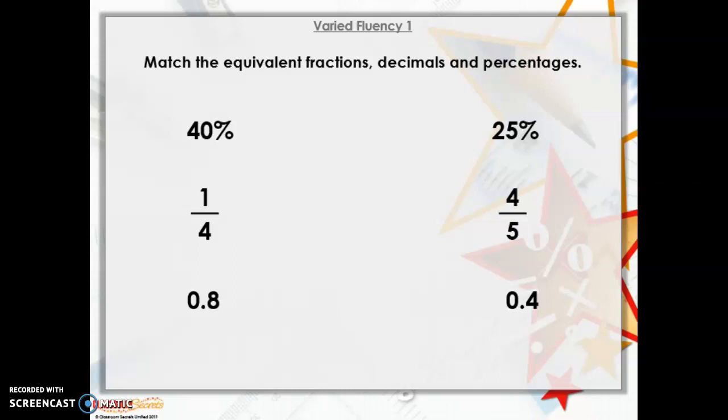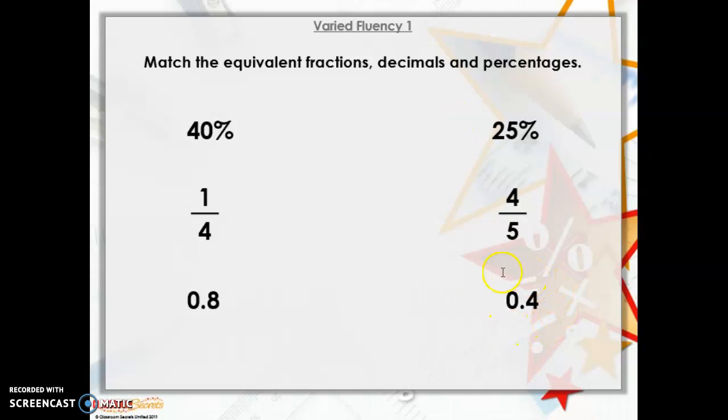Here you are matching fractions, decimals and percentages, just like you did yesterday. However, they've not made it quite as simple as it was yesterday. All right, so let's start with 40% because this one is an easy one to do. Have a look at these 3 here. Which one is equivalent to 40%?